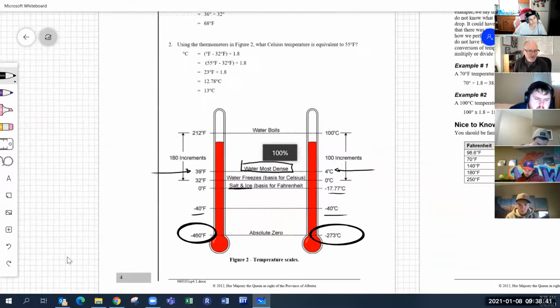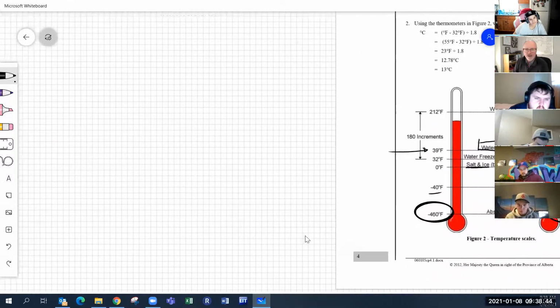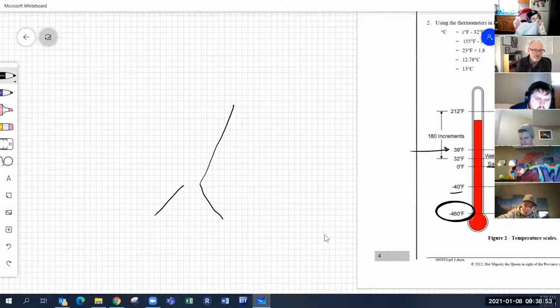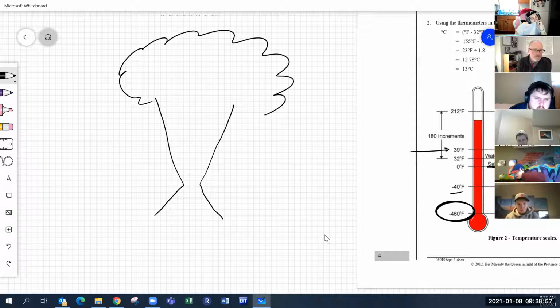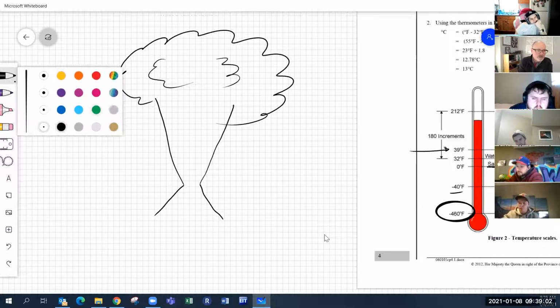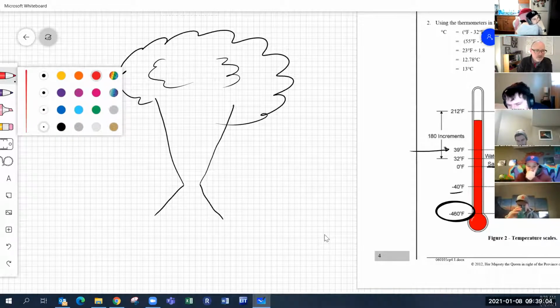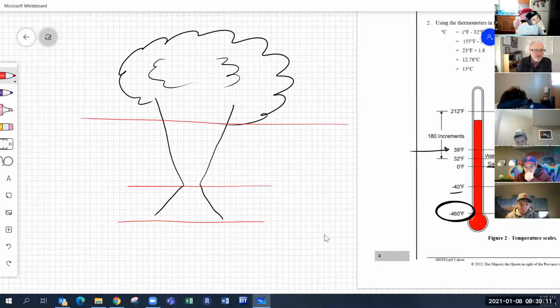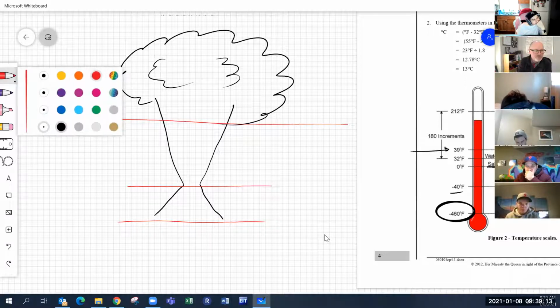Now, I do want to talk a little bit about water before I carry on here. Let me just see if I could draw a picture for you guys. I'm going to draw some lines, and then I'll put some temperatures on here.